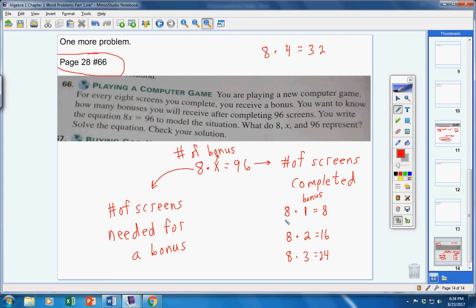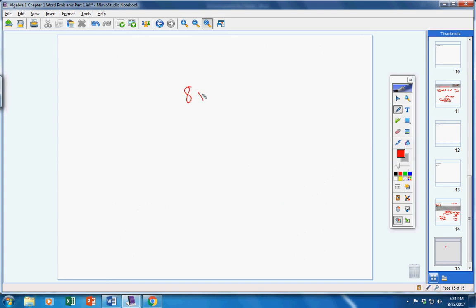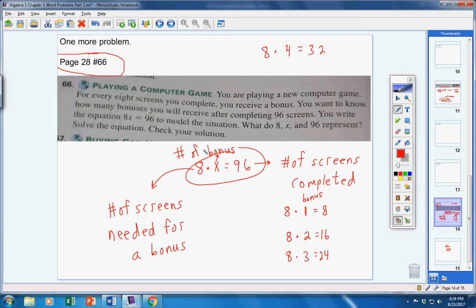Now, they ask us to solve the equation. No problem. Here's my equation: 8x equals 96. Let's solve the equation. What would I put in here? 12, right? 8 times 12 is 96. So my answer is 12. Now what does x stand for?